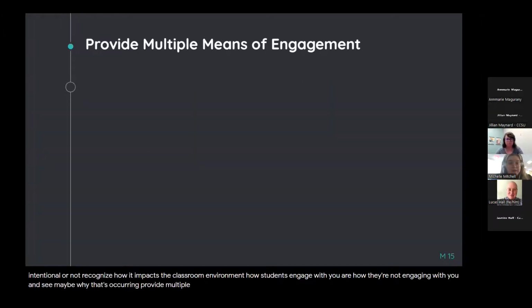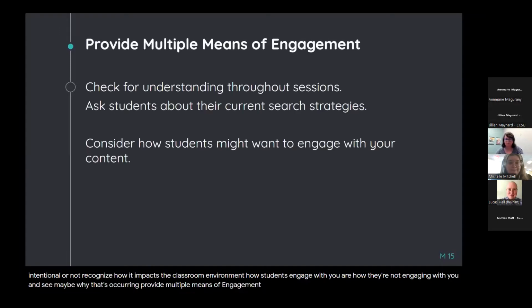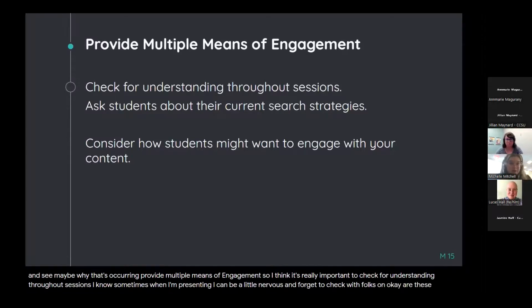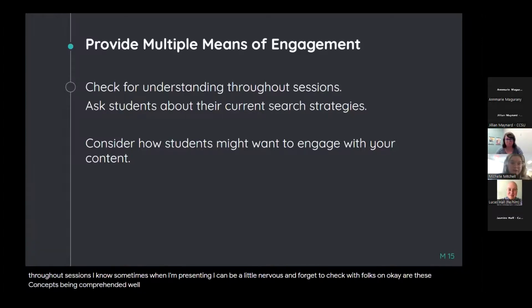Provide multiple means of engagement. I think it's really important to check for understanding throughout sessions. I know sometimes when I'm presenting, I can be a little nervous and forget to check with folks on, okay, are these concepts being comprehended well? Sometimes you can tell by body language, but of course you don't want to make assumptions about that.